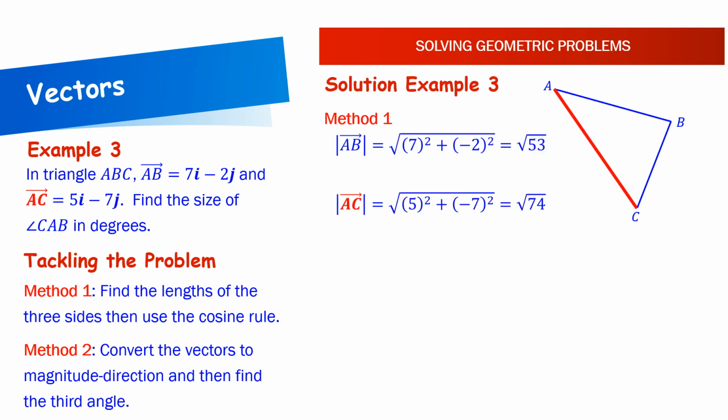Similarly, the length of AC is equal to the square root of 5 squared plus minus 7 squared, which equals the square root of 74.